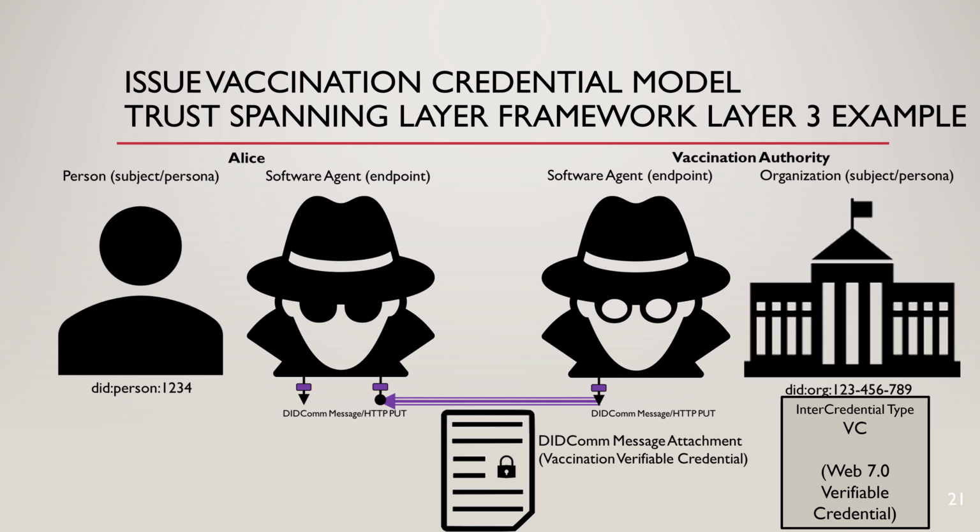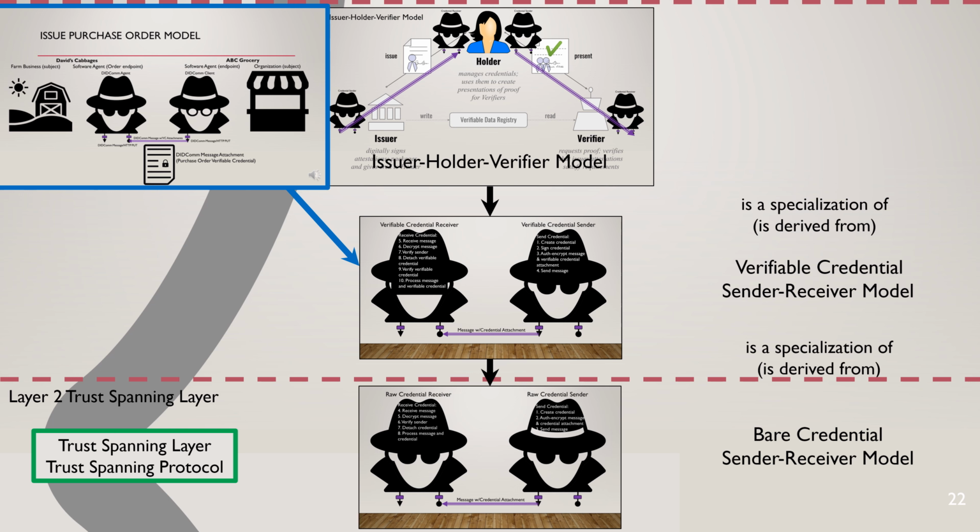So how does this fit into the hierarchical taxonomy of verifiable credential sender-receiver models? Well, if we look at the issue purchase order model, it's really just almost the same as the left side of the issuer holder verifier model.